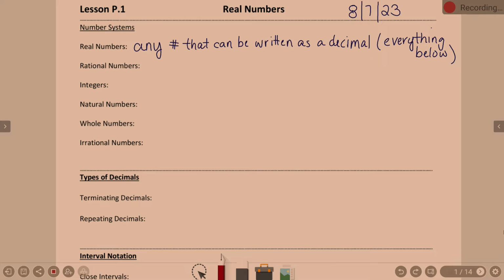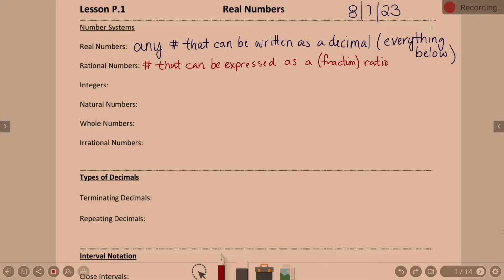Okay? So I'm going to say a number that can be expressed as a, and I'm going to put fraction in parentheses here, but I'm also going to try and be kind of official and say ratio.